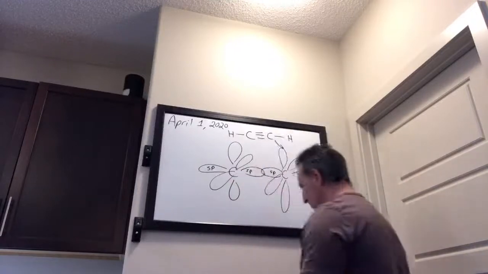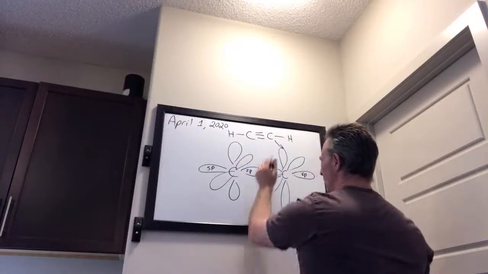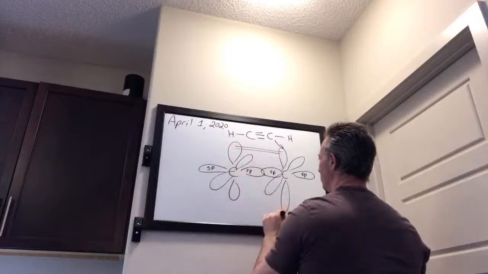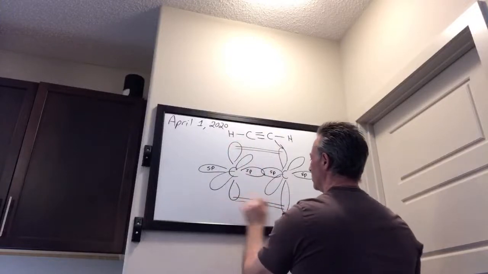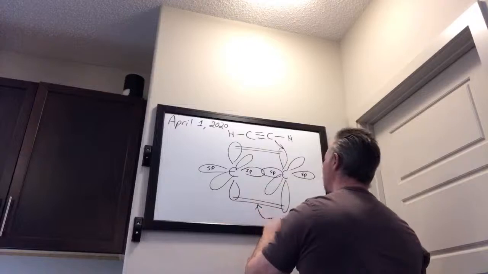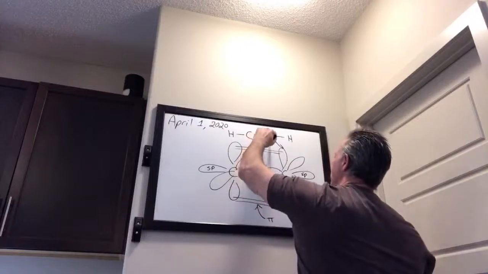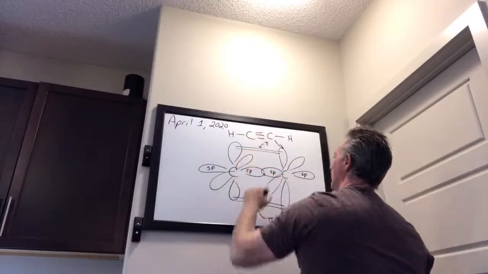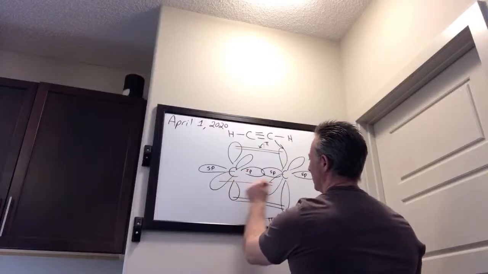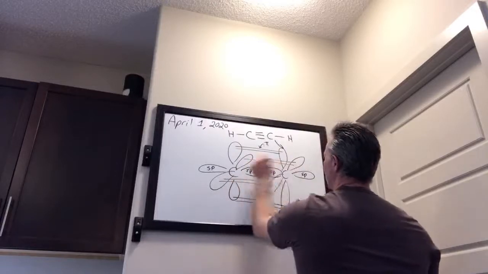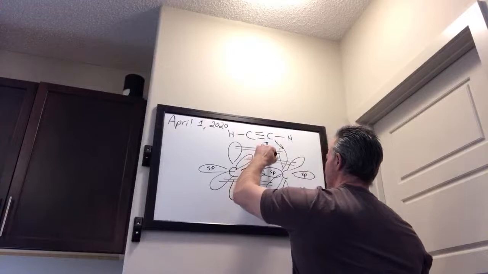So what happens is the 1 above and below form an interaction. So that's a pi bond. That's a pi bond. And the ones that come forward interact, and the ones that go behind interact. So that's also pi bonds.